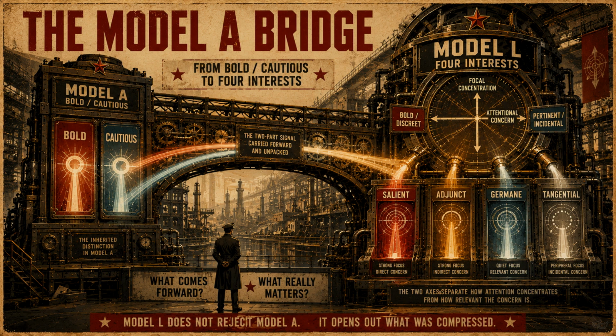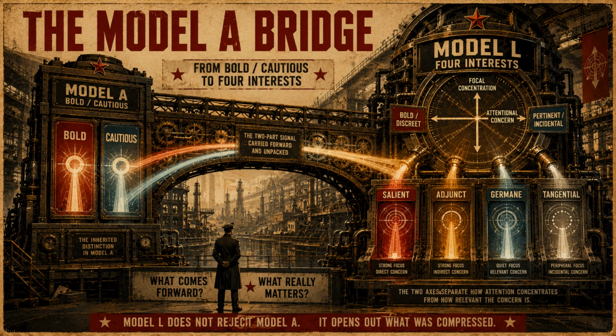That distinction is still important, but Model L asks what is being compressed inside it, because a function can be bold in the sense that attention goes there readily without necessarily being one of the type's most relevant concerns, and a function can be cautious in expression, while still mattering quite a lot to the way the type orients itself.